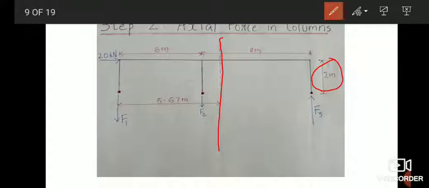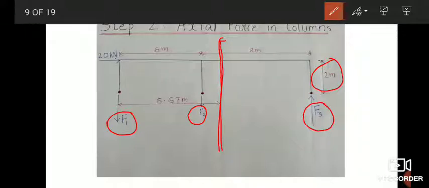Similar to that, when we apply lateral force in the horizontal towards right direction, the columns on the left end will be under tension and columns on the right end of the portal frame will be under compression. So the columns to the left of this neutral axis, centroidal vertical axis, will be under tension, and you have to mark it as tension, and this will be under compression.